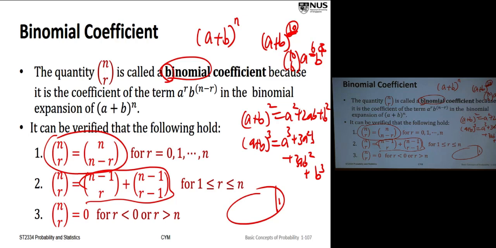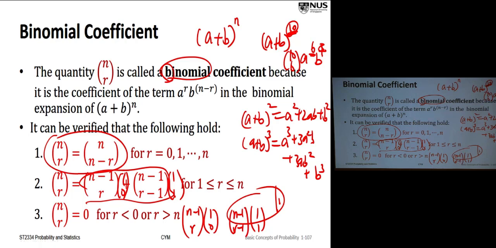What I'm trying to say is that I divide it into two groups, n minus 1 and 1. So this one is not in my R objects, so the R objects must be taken from the remaining n minus 1 objects. While for the other, that particular object must be in my choice of R objects, then I choose the rest, R minus 1, from the remaining n minus 1.